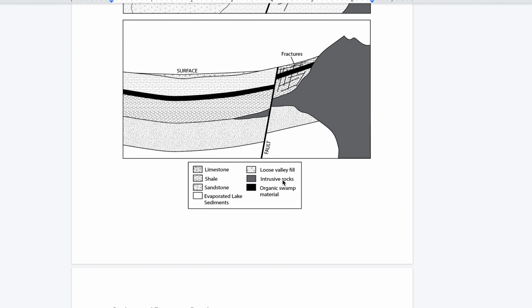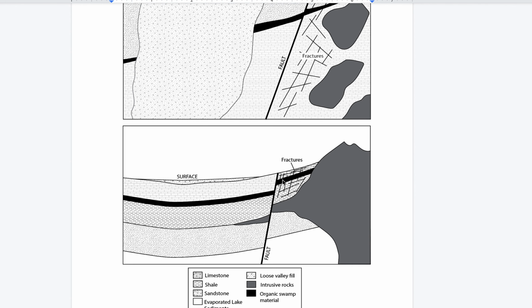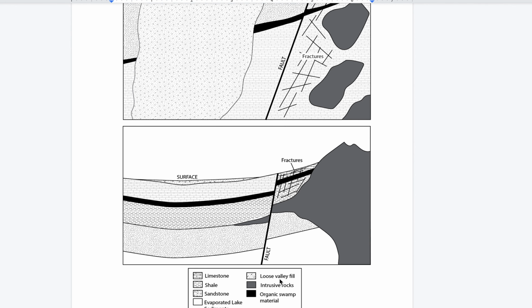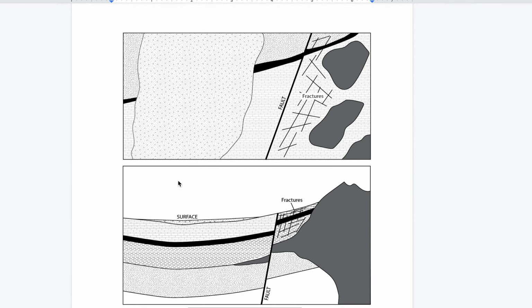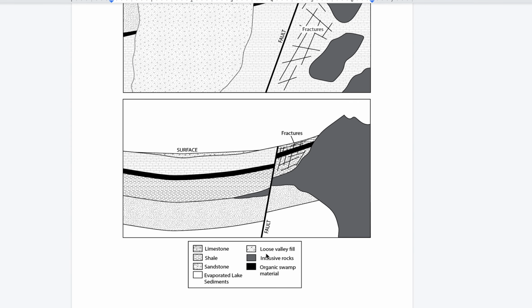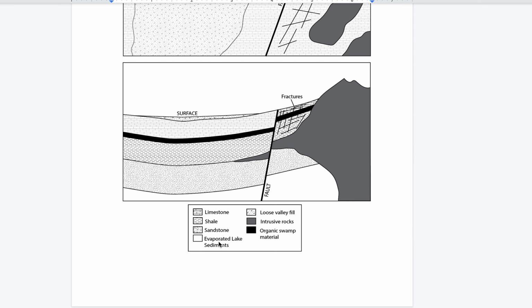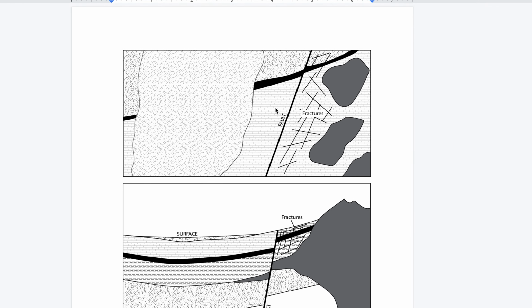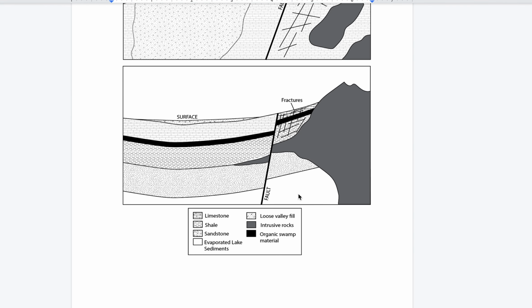And then your intrusive rocks. And right here by the gray, your loose valley fill on the surface. That's what it looks like from above. Then you have your evaporated lake sediments down here, but we don't have any evaporated lake sediments here because it's underground.